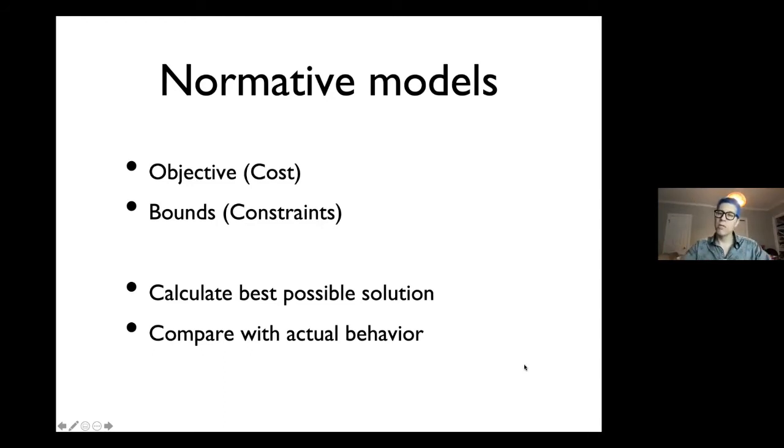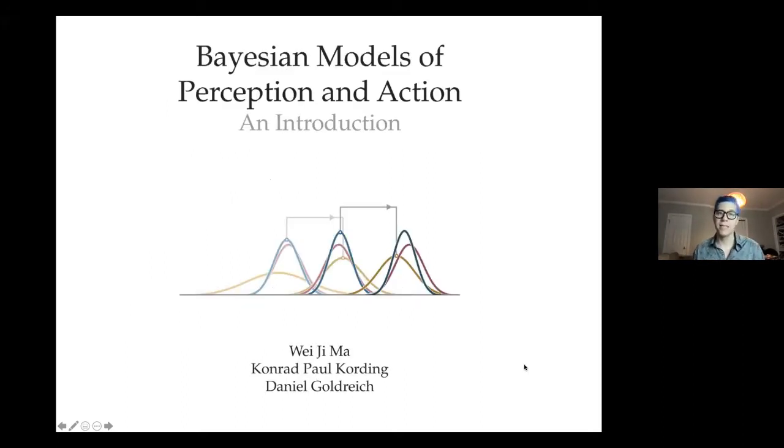And then once we solve for that, we compare it with the actual behavior. When we talk about Bayesian models, usually the constraints are in terms of noise that we can't get rid of, and actual behavior is behavior in a situation where noise somehow makes sense.